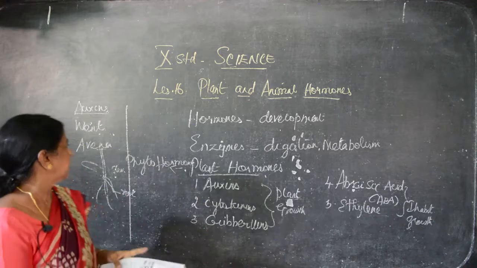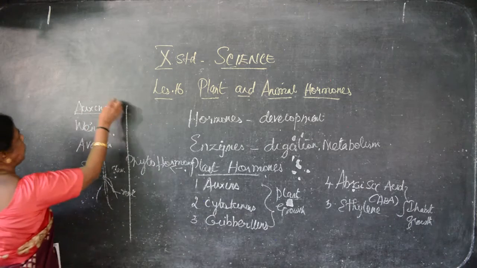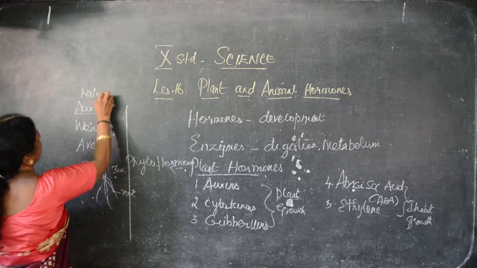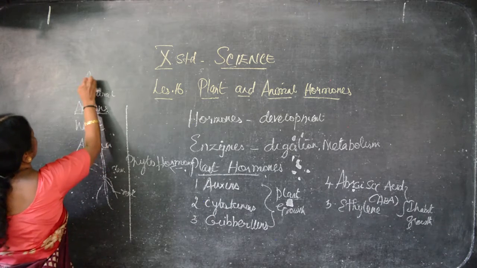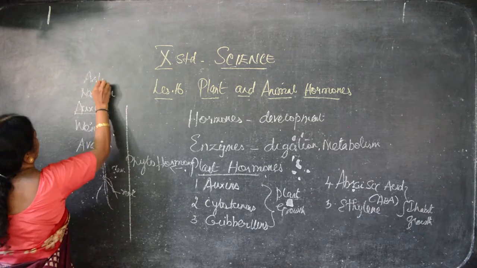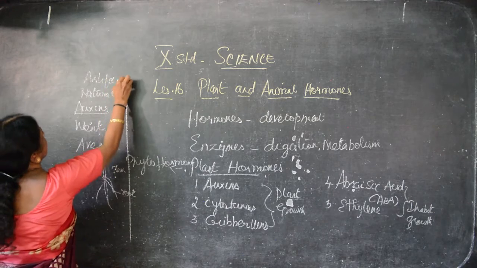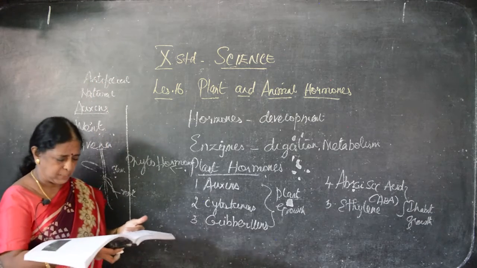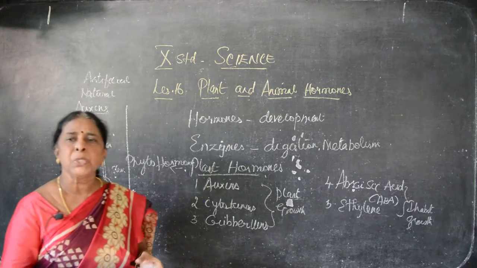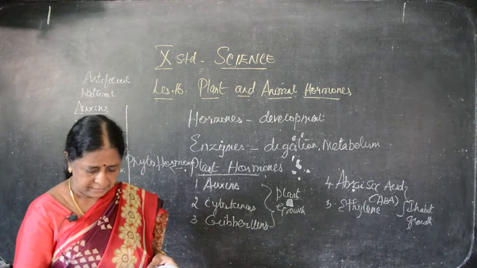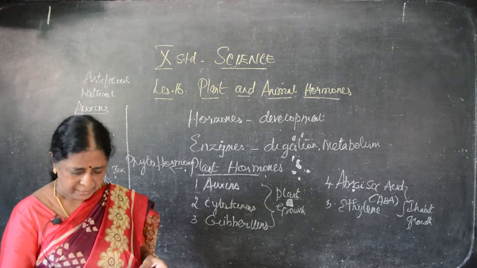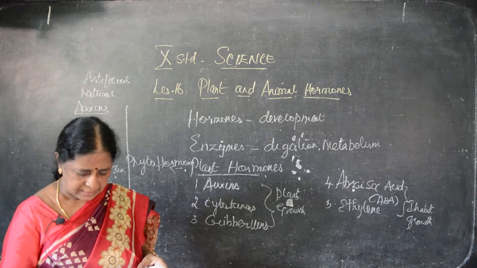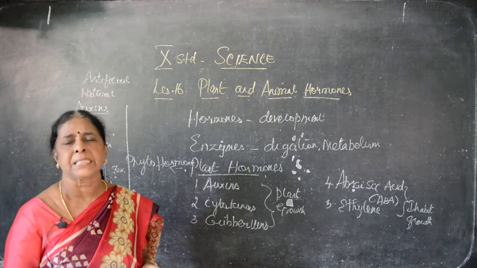There are 2 kinds of auxin. One is natural. The other one is artificial. Whatever it may be, when it is not enough for the demand, we have to prepare it by the artificial method. Natural auxin is produced by the plants, and synthetic auxin is created artificially using synthetic chemicals, that is dichlorophenoxyacetic acid.